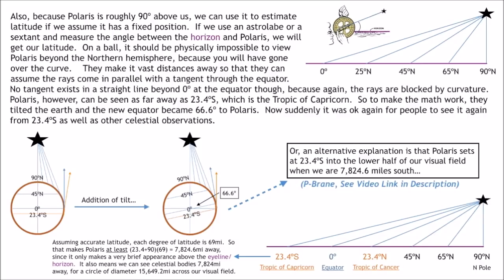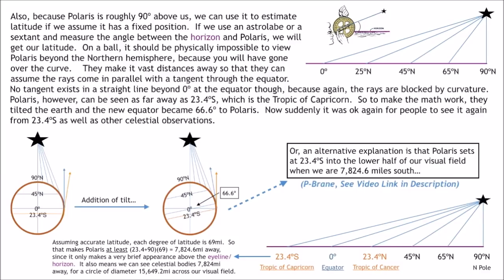So it also means we can see celestial bodies 7,800 miles away. So for a circle of diameter of about 15,600 miles across our visual field, at the least, we know that is the limit to our diameter of vision across which we can observe celestial objects.